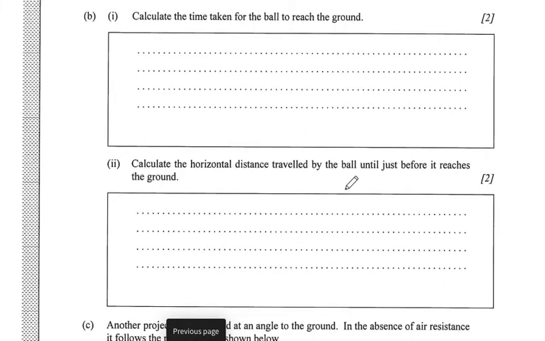And the next part, we need to find the time taken for the ball to reach the ground. Now we're looking at the vertical motion because that is what limits how much time it can fall for. So we're going to use displacement formula, ut plus 1/2 at squared. And we're obviously using this for y component, where initial y component velocity is 0.